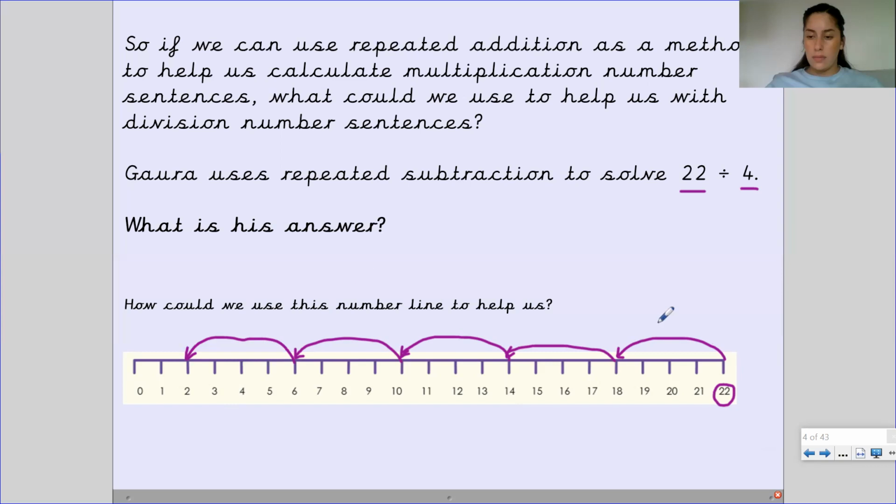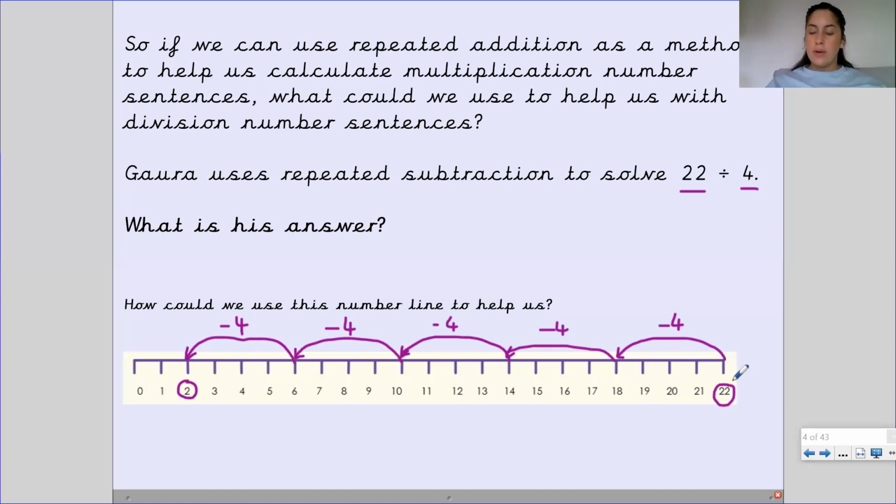So, how many full jumps have I been able to make? So this represents minus 4, 1 jump, 2 jumps, 3 jumps, 4 jumps, 5 jumps. What number have we landed on? 2.